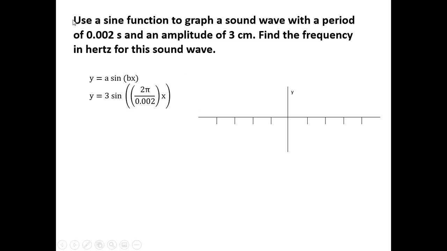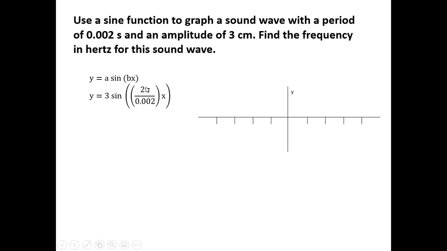All right. Use a sine function to graph a sound wave with a period of 0.002 seconds and an amplitude of 3 centimeters. Find the frequency in hertz for this sound wave. So here is our basic form of the equation.